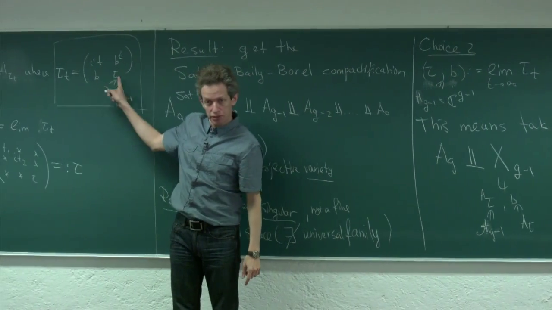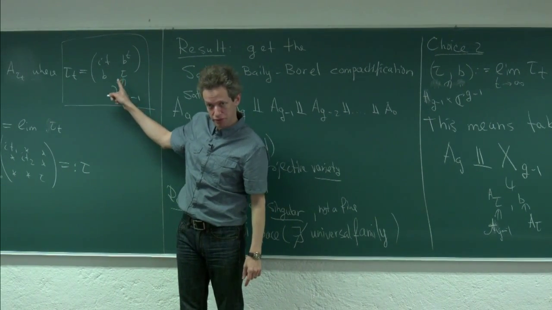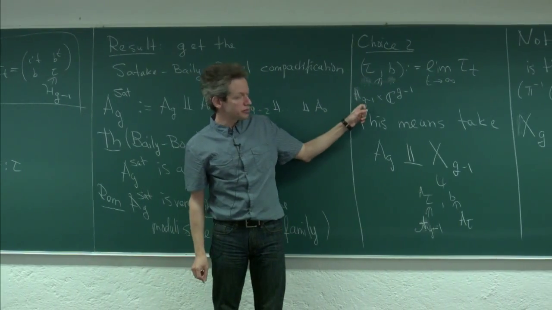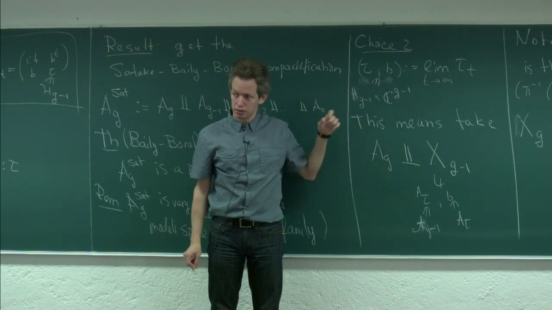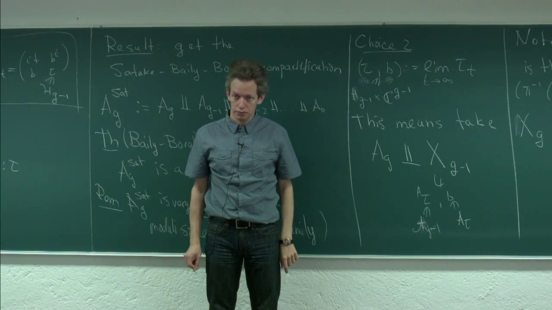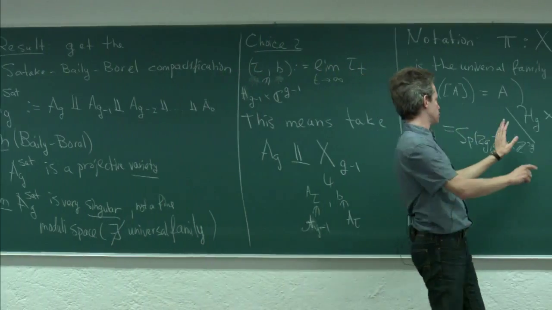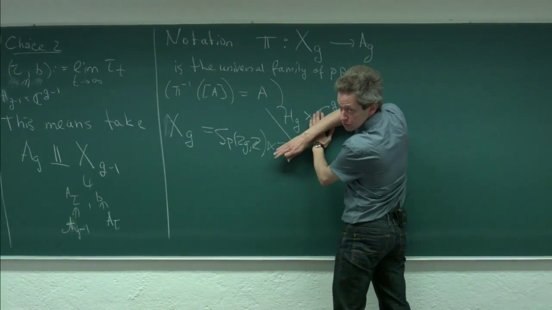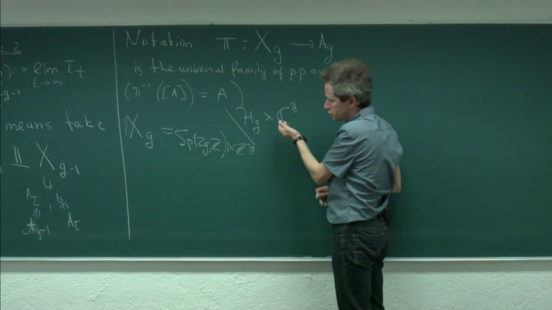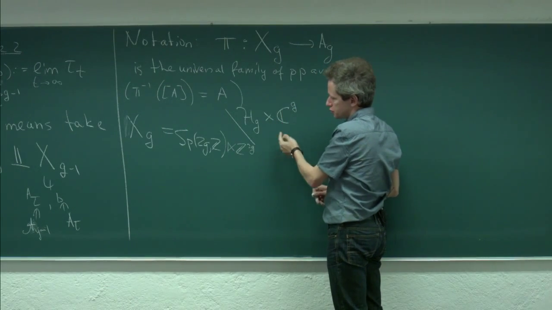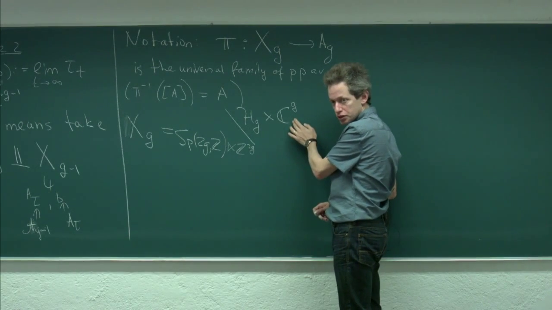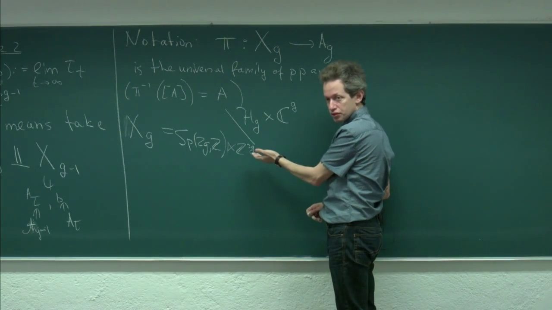Given such a family, I define the limit of such a family to be the pair tau and b, which is an element in this product. So what is this quotient? This quotient here is the moduli space of abelian varieties. This point here is a point on C to the g. The point C to the g is the universal cover of your abelian variety. So given a point here, I can interpret it as a point on the corresponding abelian variety.